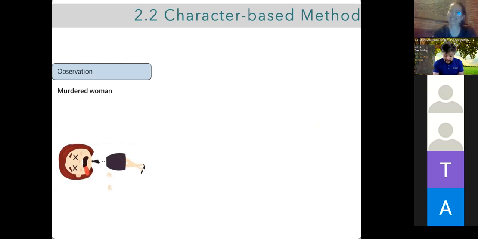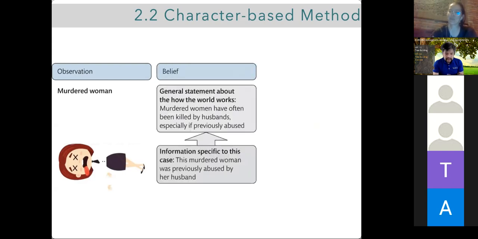What is your instinct, right? There's a general belief that most of the murdered women were usually killed by their husband if previously abused. There's a statistic to back that up. You find her pocket and you look at her ID and look up the data, and you find that this woman has reported an abusive relationship with her husband before.